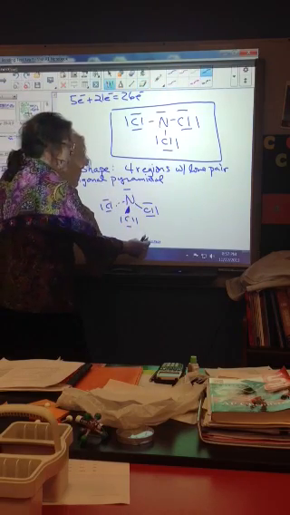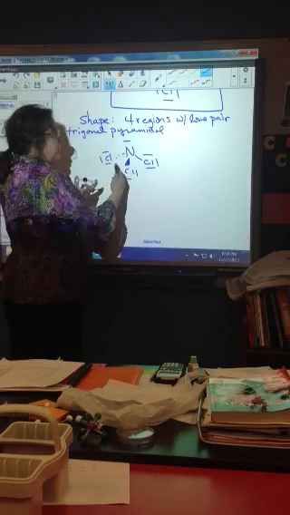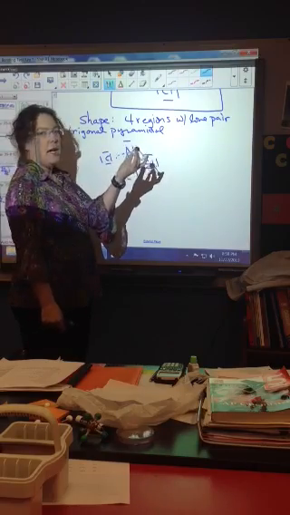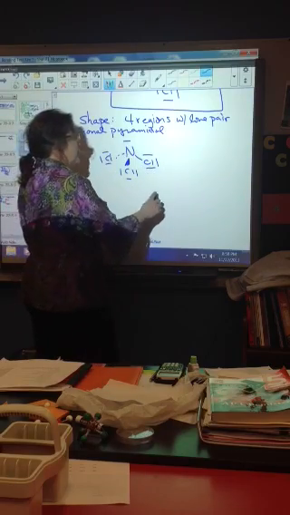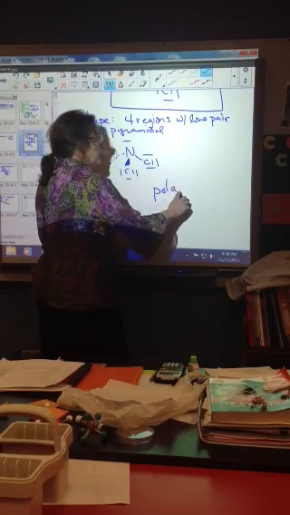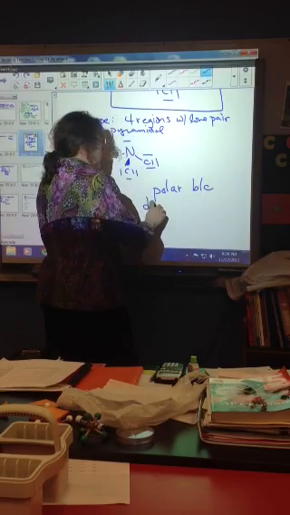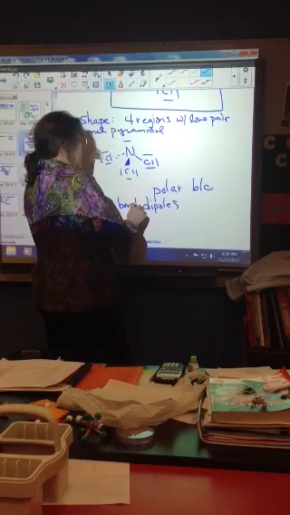If we think about each chlorine pulling down here, we see that the dipoles are not balanced. So this is definitely polar.